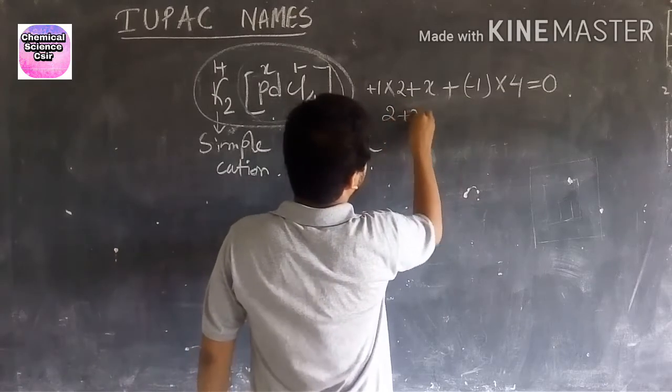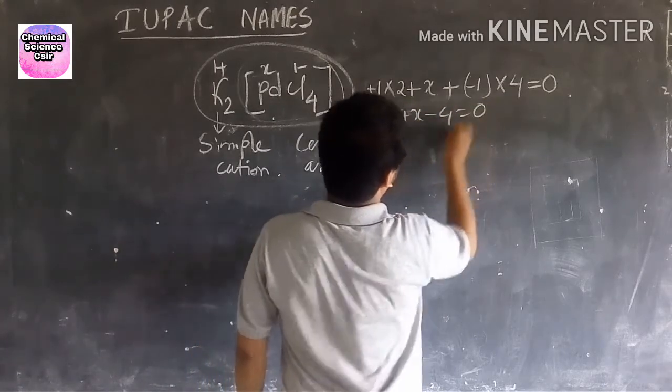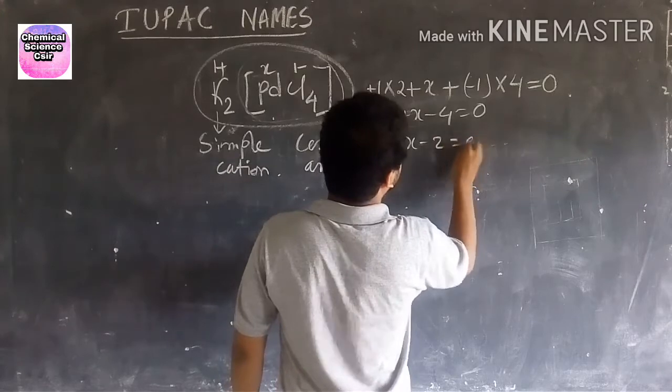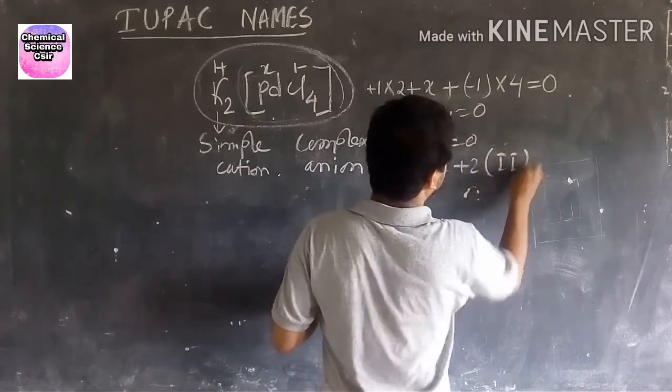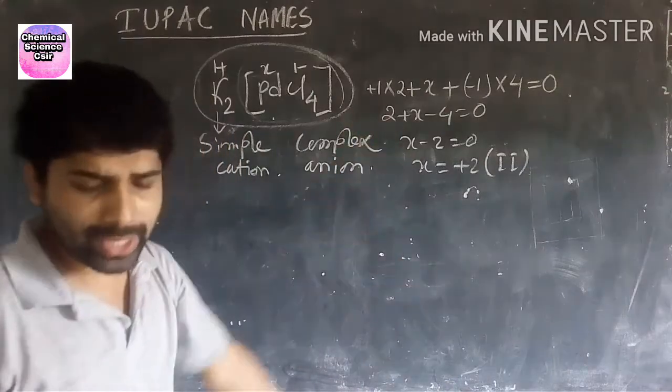Then 2 plus x minus 4 equals 0, then x minus 2 equals 0, then x equals plus 2. You can write it in Roman numerals.